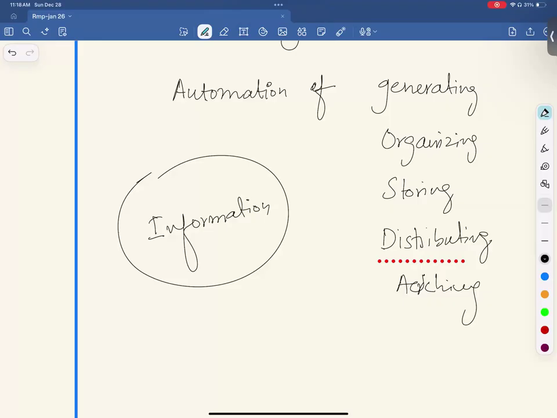Right? Now tell me, what's the benefit of PMIS? Who would like to answer? Automation. Okay, one is automation. Anybody else? Automation and data is well organized. Organization of data.